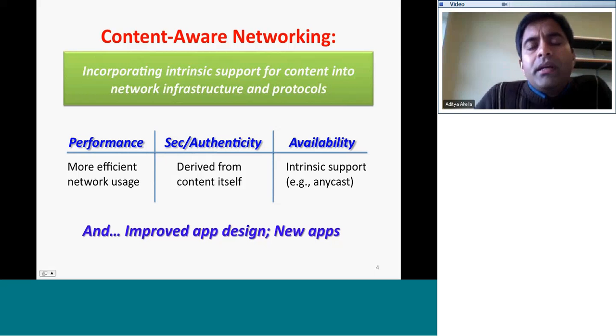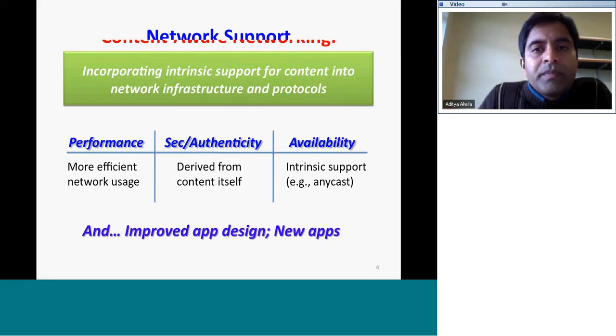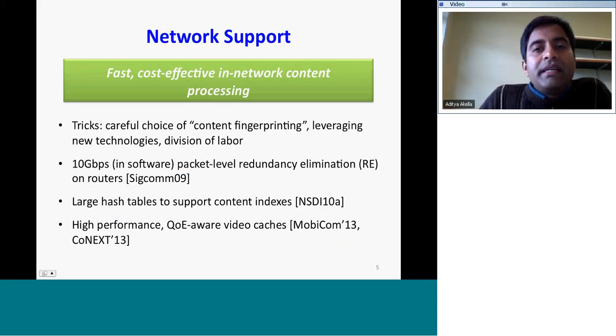So with that setup on what content-aware networking does, let me delve into the three main strands of research I see in this space. The first, which comes to mind most immediately, is how do you provide fast and cost-effective support for content processing inside the network.